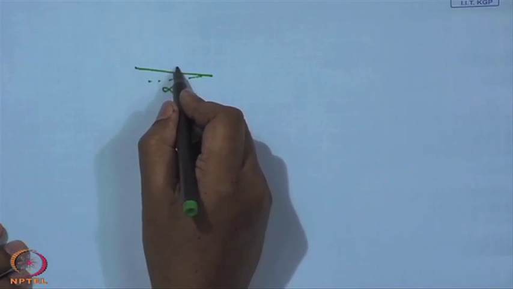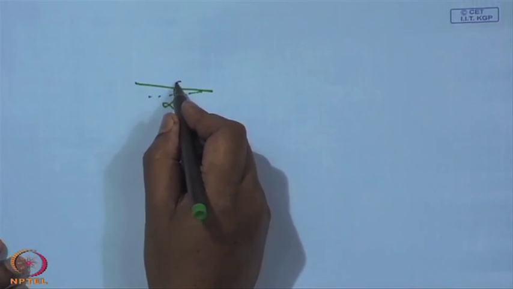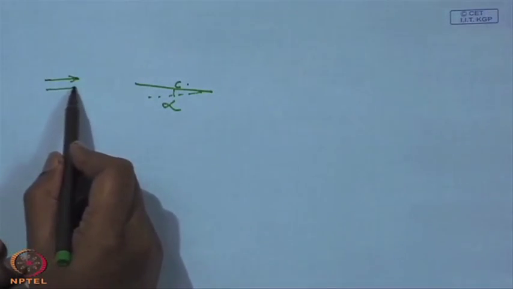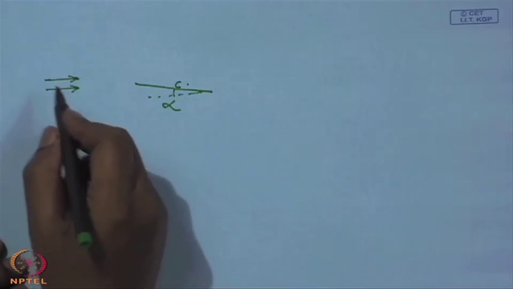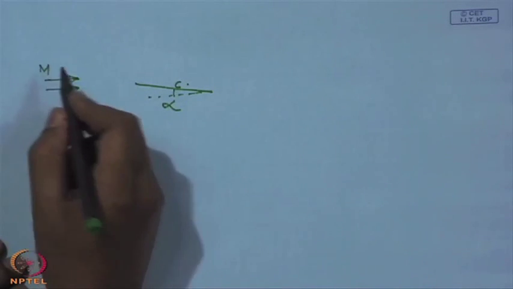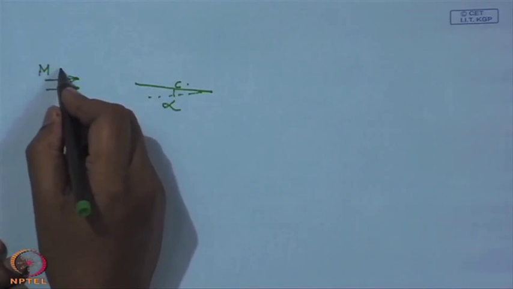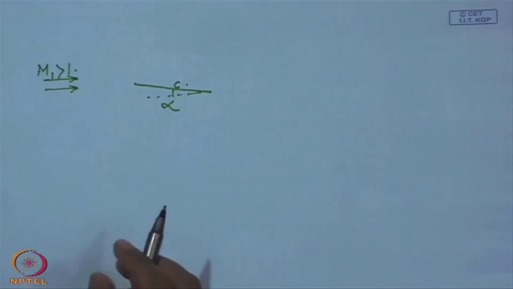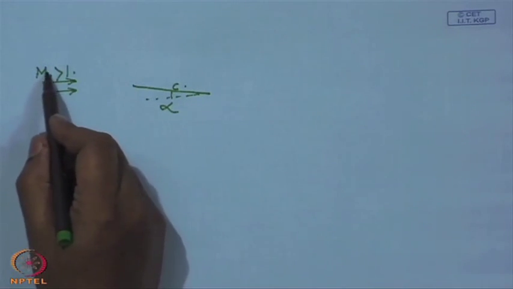The chord is C, and let us consider a supersonic stream approaching this airfoil. We will consider this angle of attack to be such that even after the disturbance created on this free stream, the flow remains supersonic always.